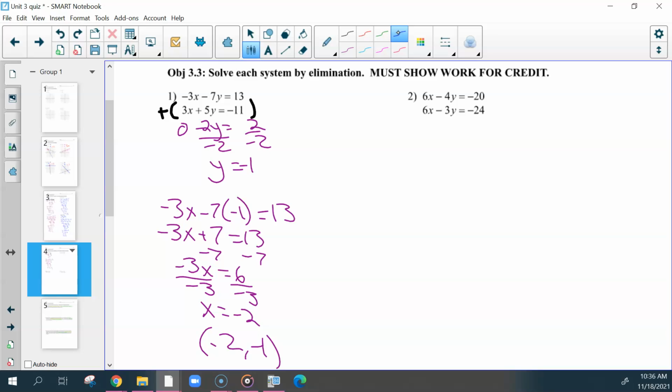For number 2, if we eliminate our x's, they are both positive, so we can subtract. So these would become 0, -4 minus a -3 would be -4 plus 3, or -y. -20 minus -24 would be -20 plus 24, so this would be 4. Divide both sides by -1. Then put that back into one of the equations, does not matter which one.